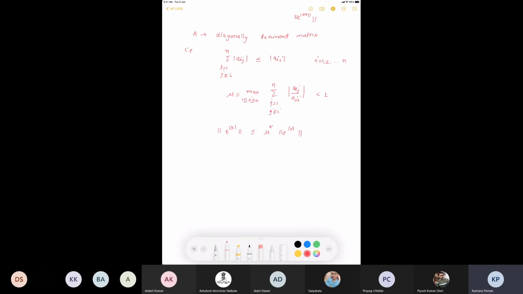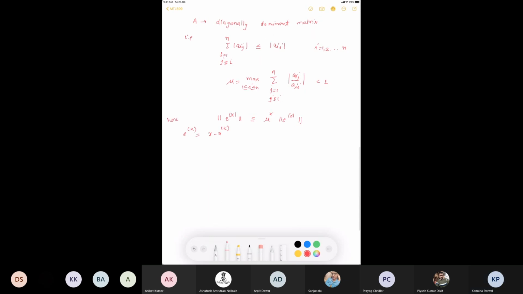Right, so ek is nothing but x minus the kth iterate xk. This means that the error converges linearly with mu as the rate of convergence, and mu is strictly less than 1. So that ensures that the error is going to go to 0. We can conclude that ek goes to 0 as k tends to infinity.